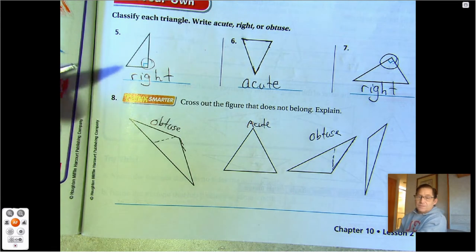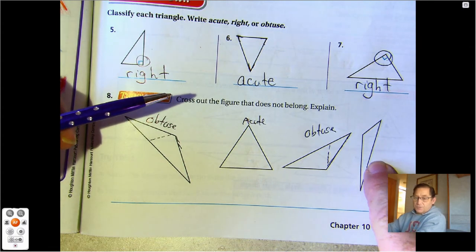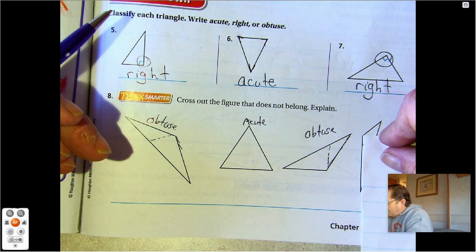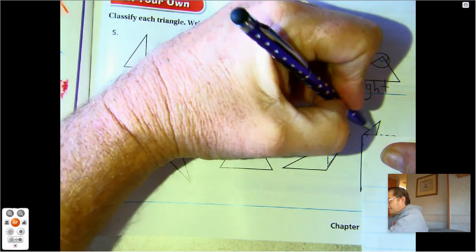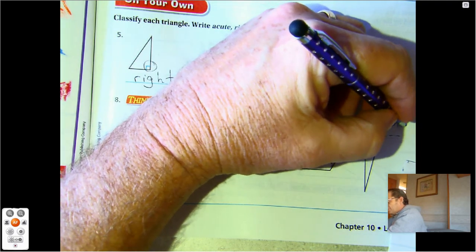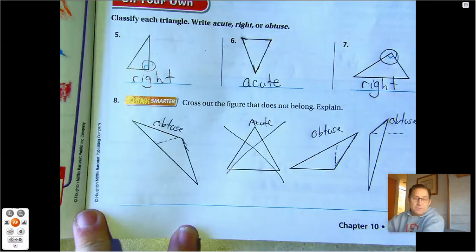And well, if I'm looking for something that doesn't belong and 2 of them are obtuse, I'm going to assume that this one's obtuse, but let's verify it. So I line up the corner. A right angle would go this way, and this is open wider than a right angle, so it's obtuse. So which one does not belong? That one does not belong.